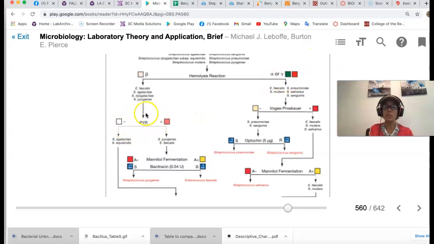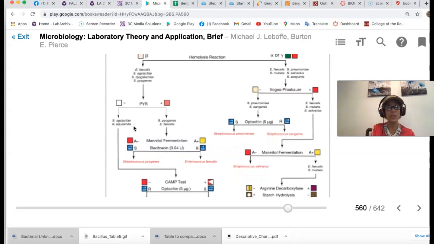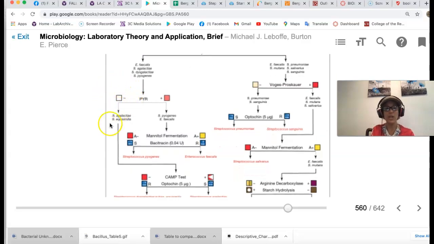We did not do the PYR test, but what we can see is that if that test were negative, Streptococcus agalactiae and Streptococcus equisimilis are not on our list of possibilities. So you would have to be on this side, and these two are on our list of possibilities. We did do mannitol fermentation.